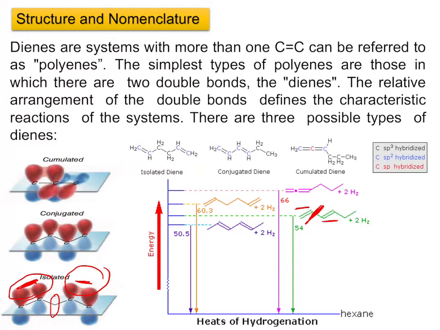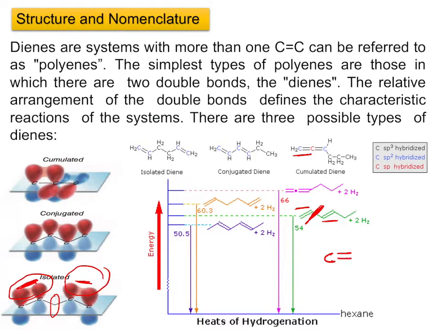It means the first double bond can affect or interfere with the second double bond, especially in the transition state. While in isolated diene, they can't do anything with the other double bond. Why? Because they are far from each other and they have a CH2 group that isolates the 2 pi bonds from each other. And we have cumulated diene, which means the 2 double bonds are exactly next to each other.